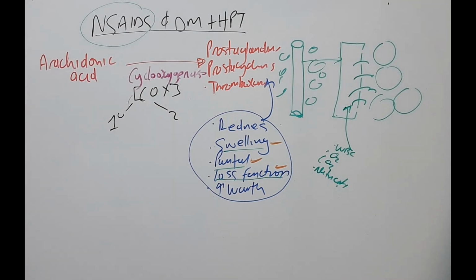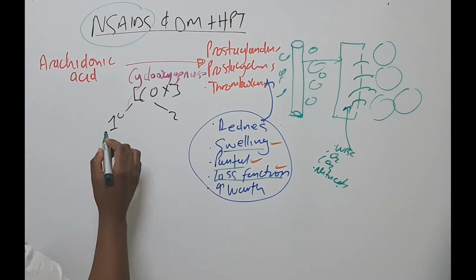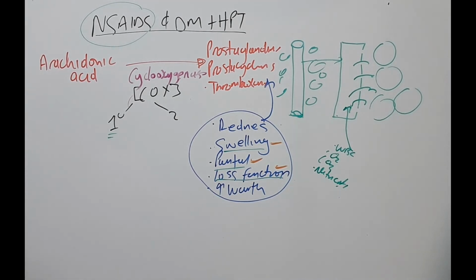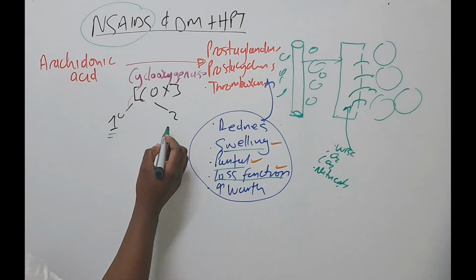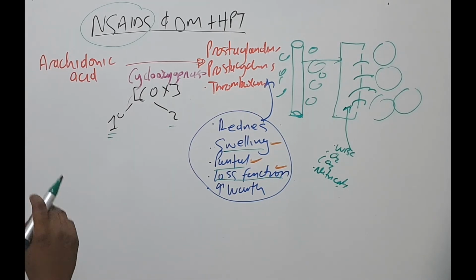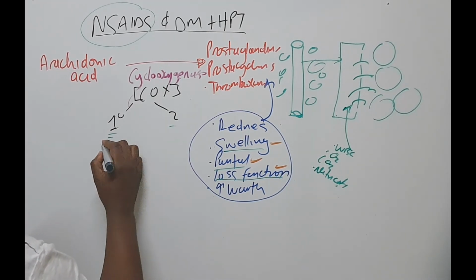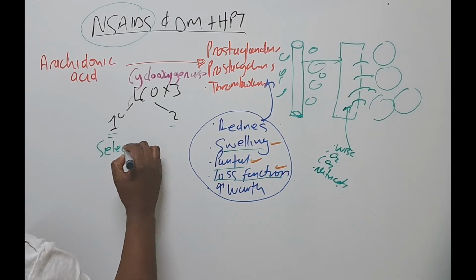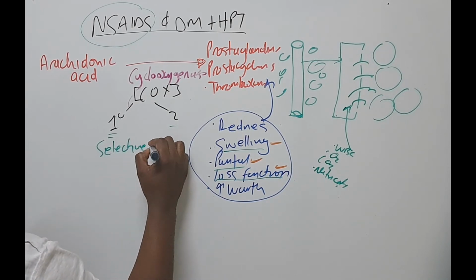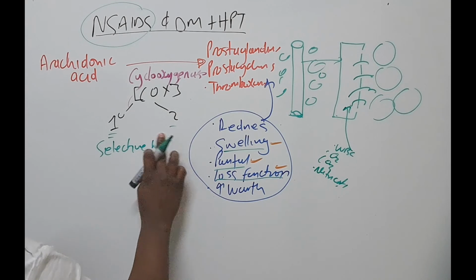Non-steroidal anti-inflammatories. There are NSAIDs that are able to block only COX-1. There are those that can only block COX-2. Those are called selective COX inhibitors.